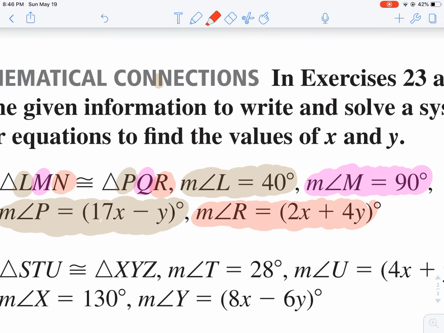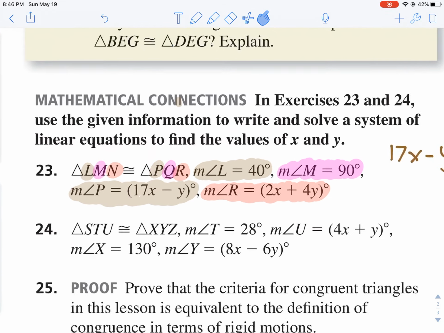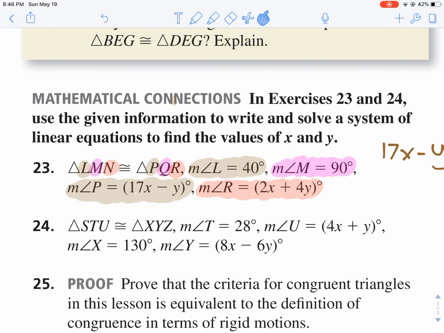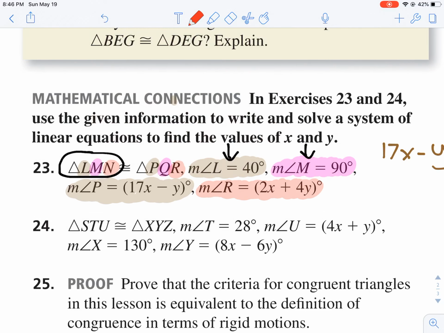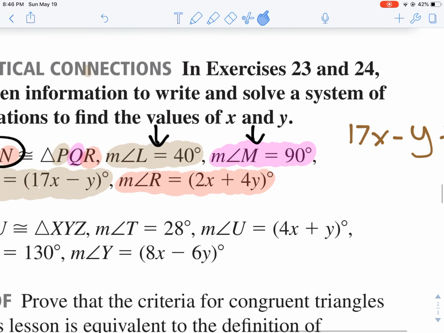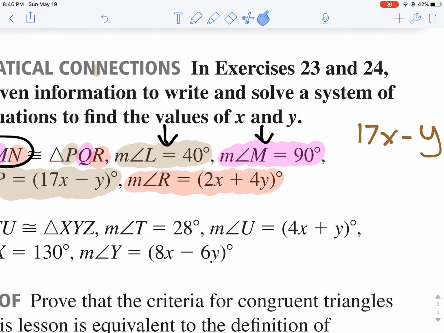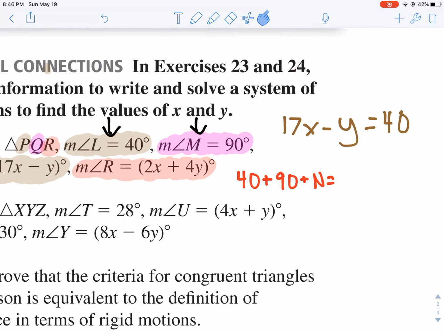So now I need some information. I need to do a little bit of investigating. Now, I'm going to start out with this first triangle here, LMN. Now, I've got some values. They gave me L and M, but I don't know N. Here's something I do know, though. All triangles have to add up to 180 degrees. So if I know L is 40 and M is 90, I know whenever I add an N here, it has to give me 180 degrees.